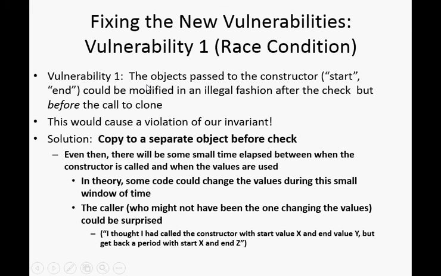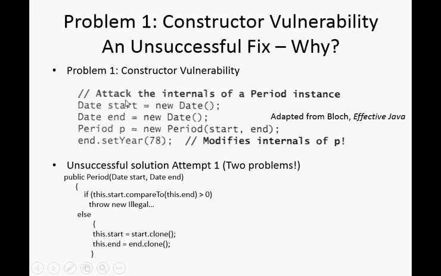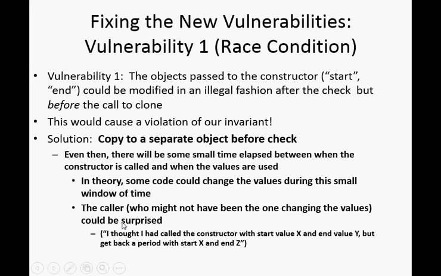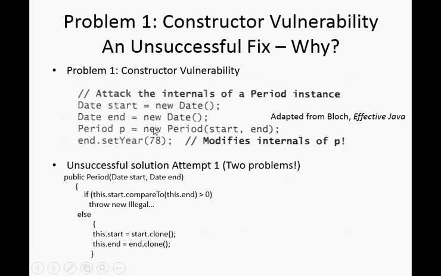One issue is it is possible that there's a race condition. Just as you're calling this in, and this has been compared, but before it's cloned, it's actually changed right in that area, okay? This would be a violation of the invariant. So if you have a multi-threaded program, it is possible that something can be changed in this area.